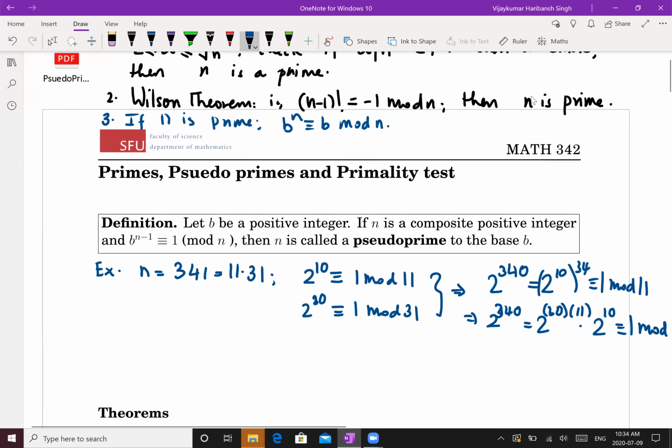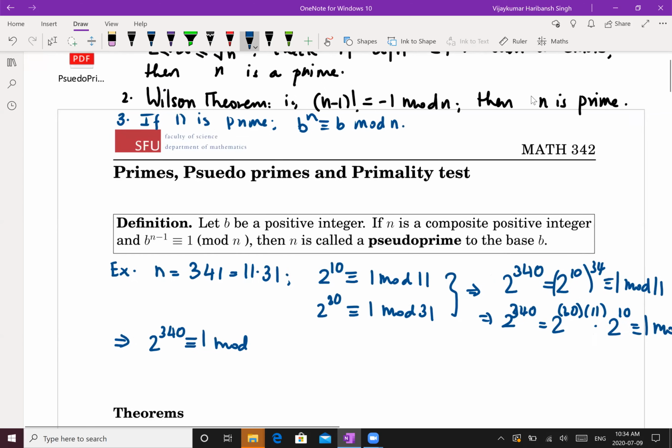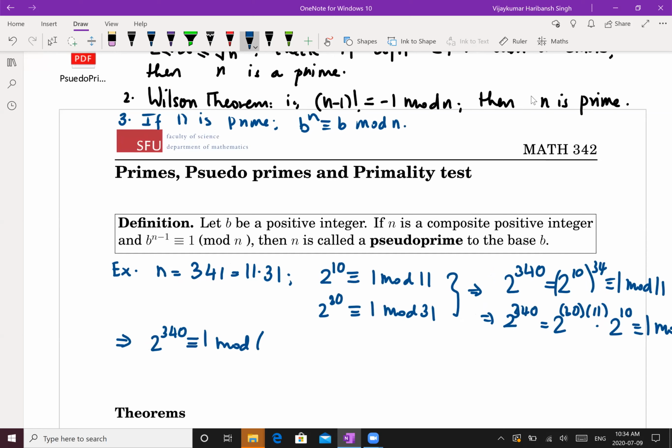So this implies 2 to the power 340 is congruent to 1 mod multiples of this, which is 341.